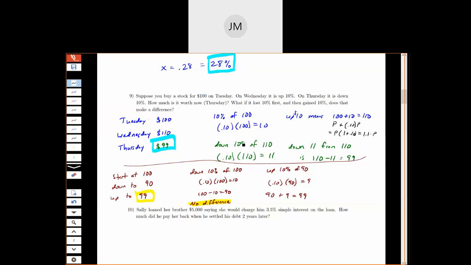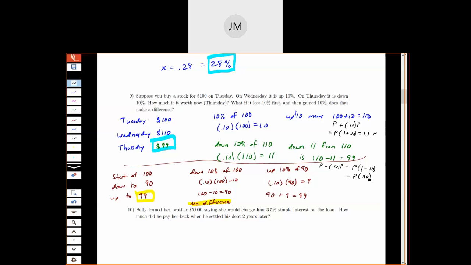If I go down by 10%, I'm taking my starting amount and subtracting 10% of my starting amount. Again, if I factor out the P, I have 1 minus 0.10, or it's like multiplying by 0.90.